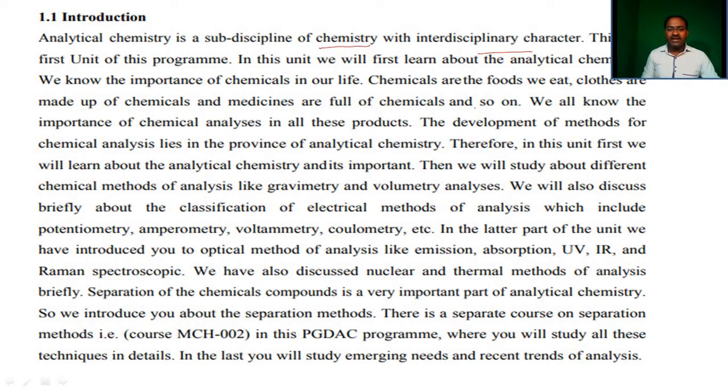Consider daily life. We consider food, which contains chemicals, clothes, medicines. These are all things we use every day. In food there are chemicals like vinegar, which contains acetic acid, or artificial sweeteners.